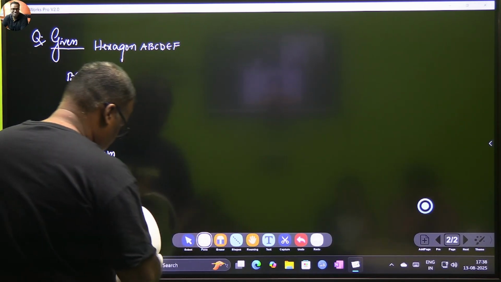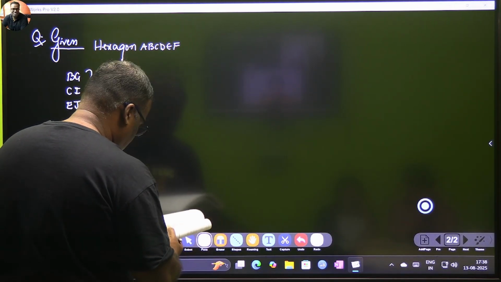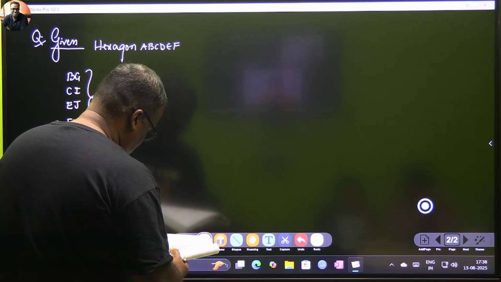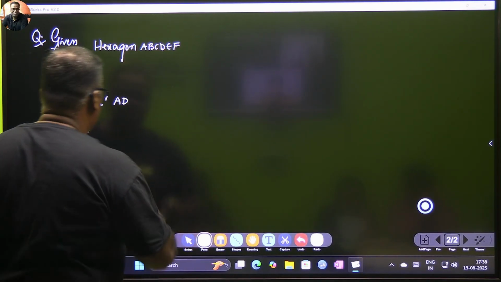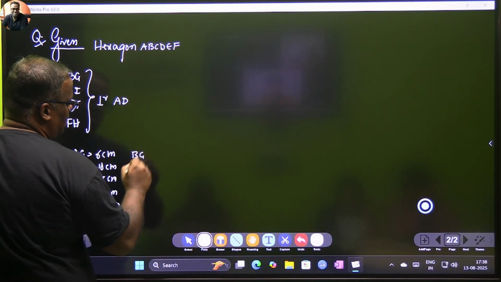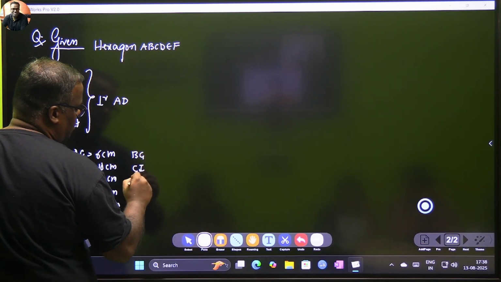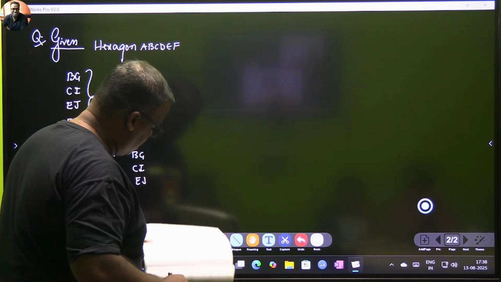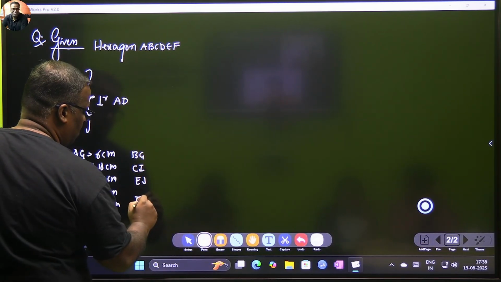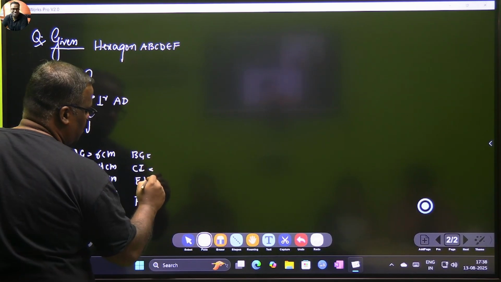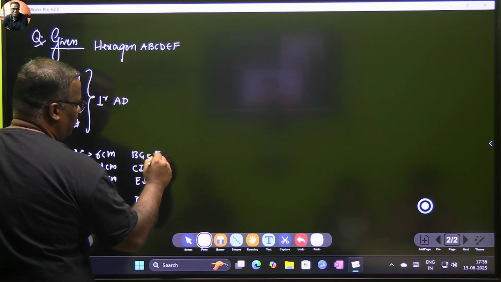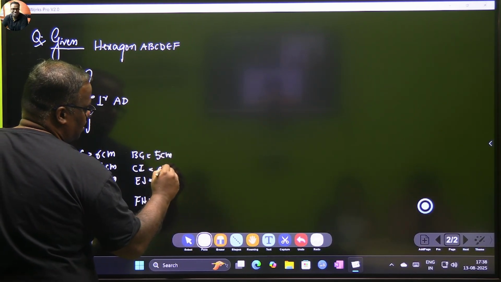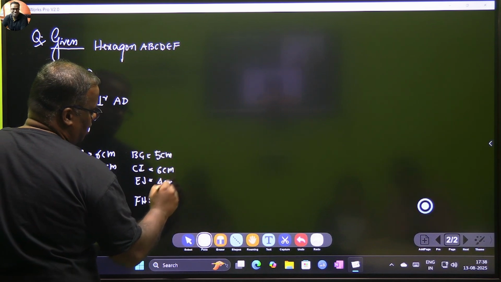Further, what else is given? We have done till AD. BG, CI, EJ, and FH. No need of the figure. Can you narrate this data to me? 5, 6, 4, and 6.